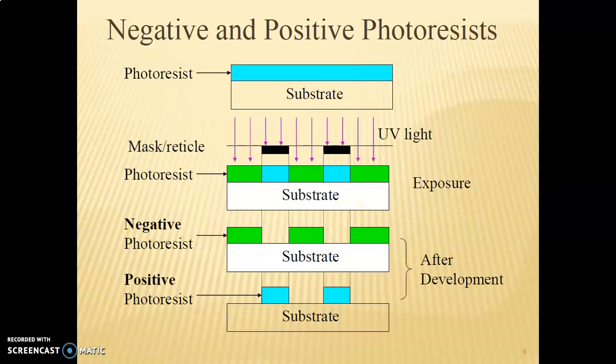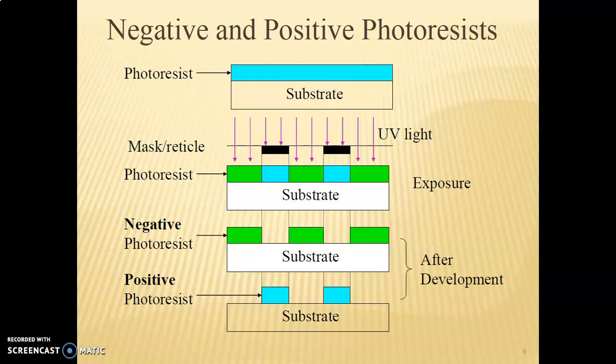Here you can see this diagram of how the process is carried out. In photoresist, here we have the substrate, the mask and reticle, and UV light. You can see that we are passing UV light through this mask.